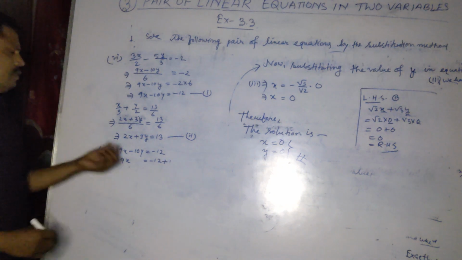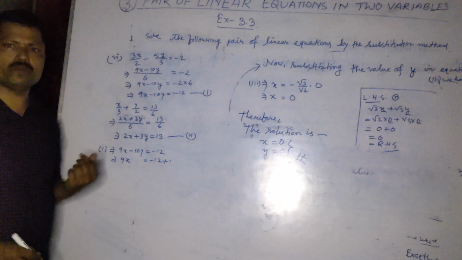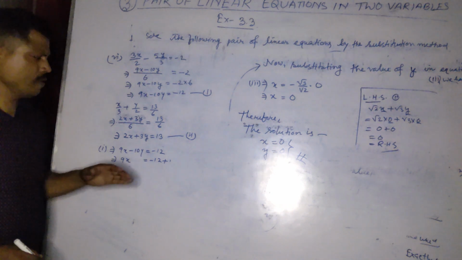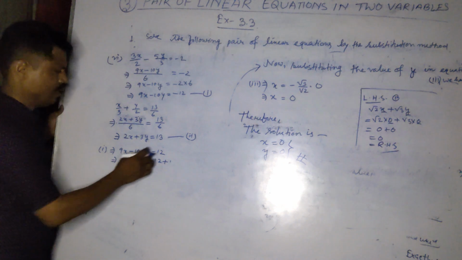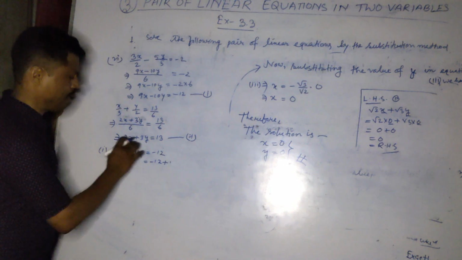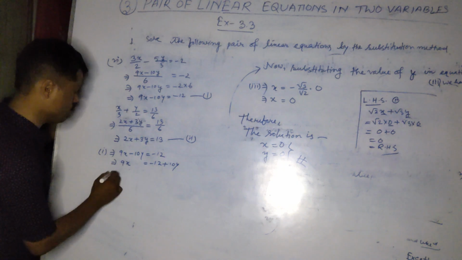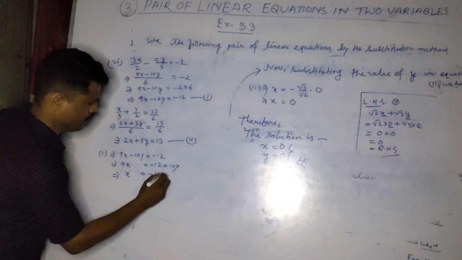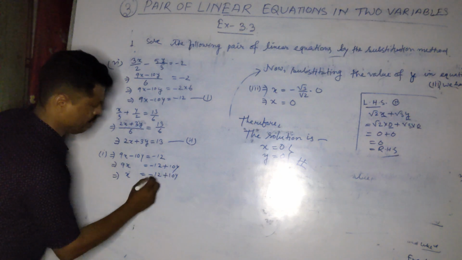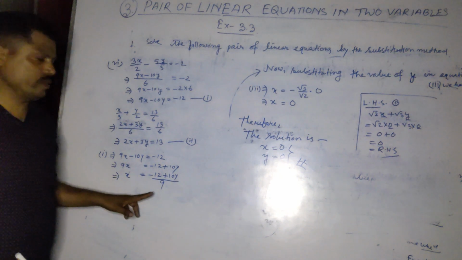You can keep the y variable on the left hand side also, and x variable also on the left hand side, no problem. Just 9x we have written on the left hand side, minus 12, and minus 10y becomes plus 10y. So now x is equal to minus 12 plus 10y divided by 9.